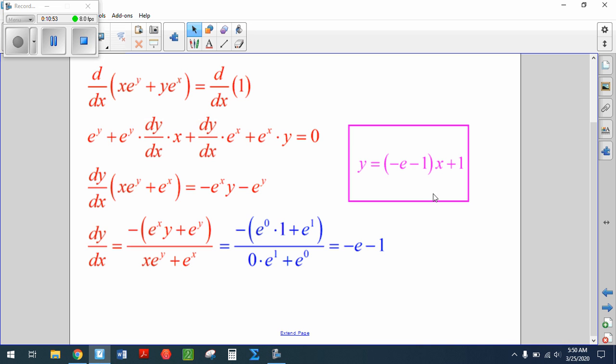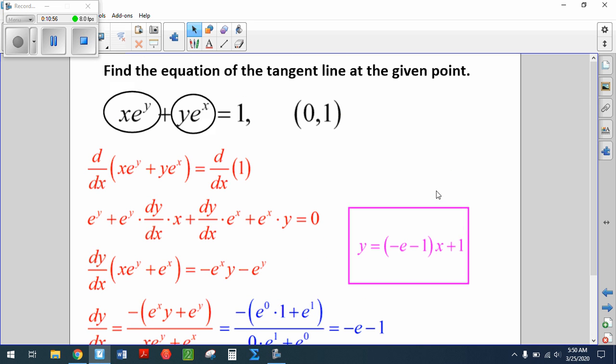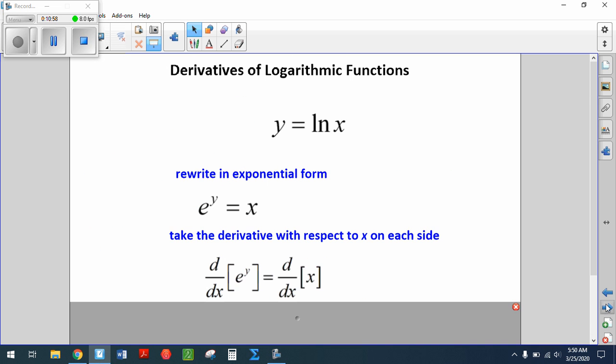And then the actual tangent line equation is in purple or pink. Okay, so I'm going to pause there because it's 11 minutes, and I'll make a separate video for the second one.